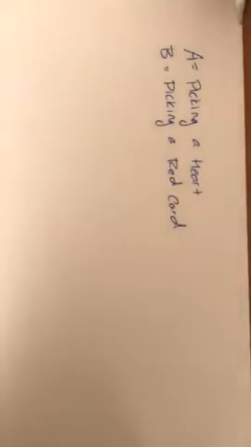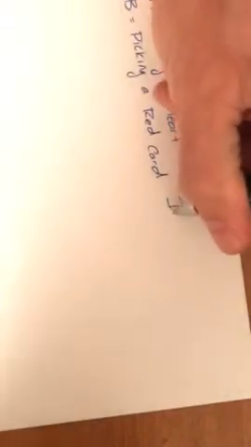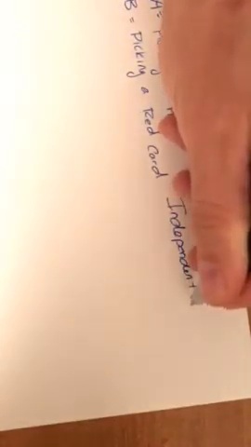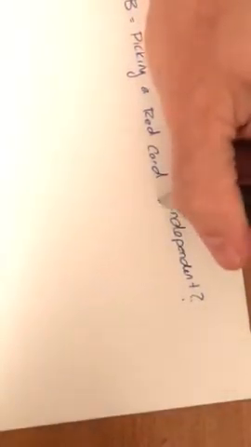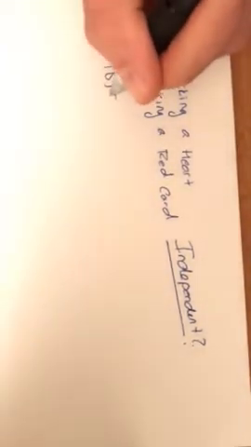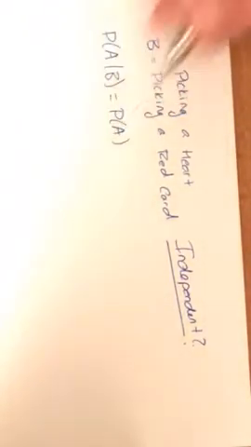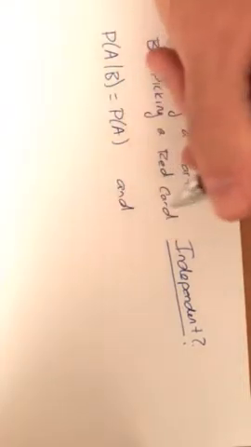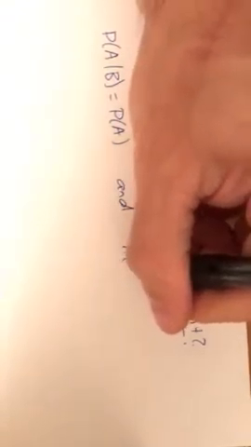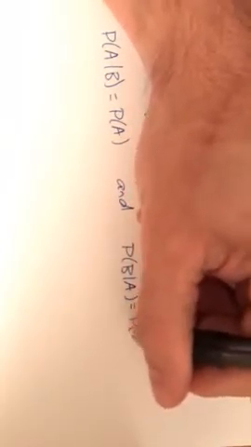Again, if I was checking to see if they're independent, I want to know, are these two things independent? So that would tell me that the probability of A given B should be the same as the probability of A, and the probability of B given A should be the exact same as the probability of B.